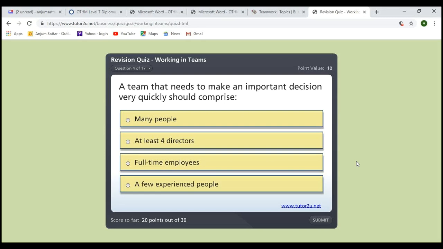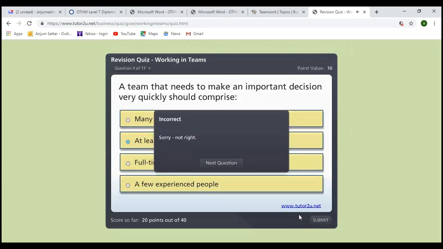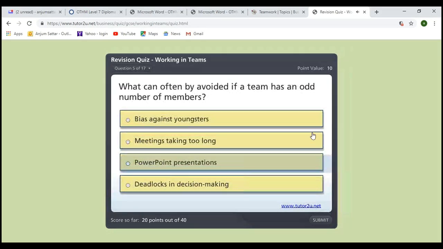A team that needs to make an important decision very quickly should have: many people, at least four directors, full-time employees, or a few experienced people. Which one do you think is correct? B, at least four? No, that's not it. A few experienced people.